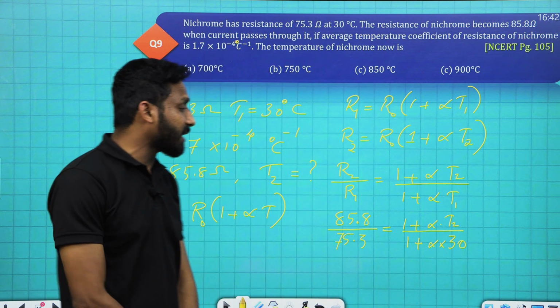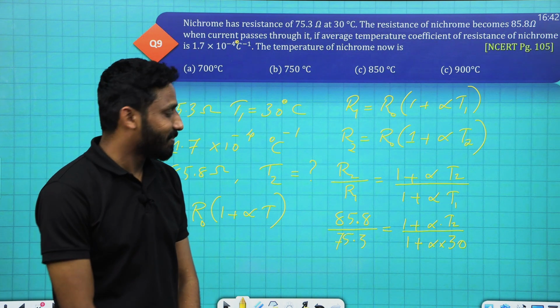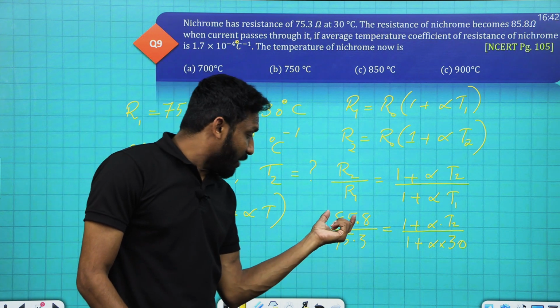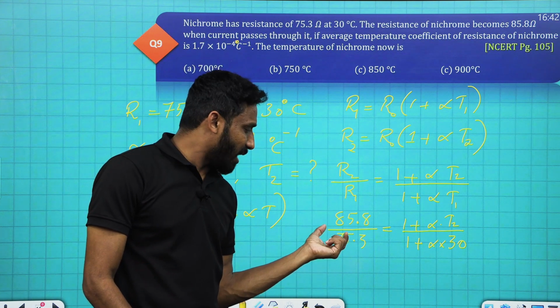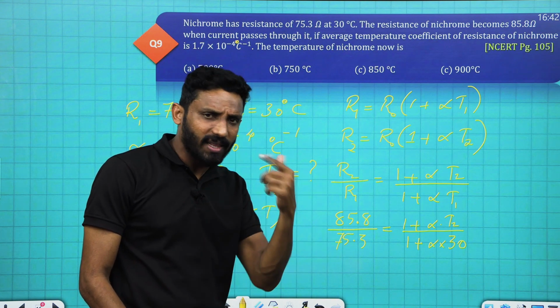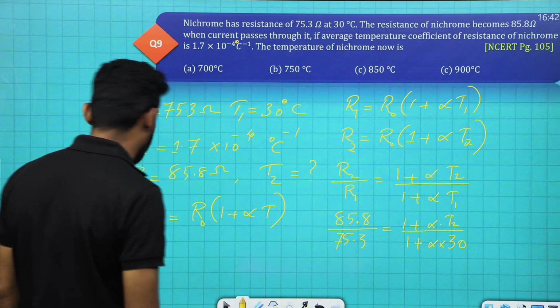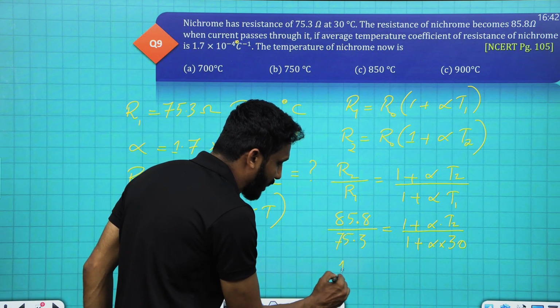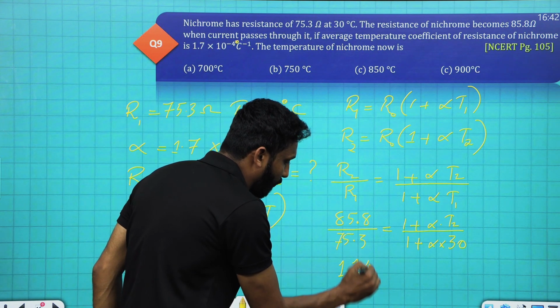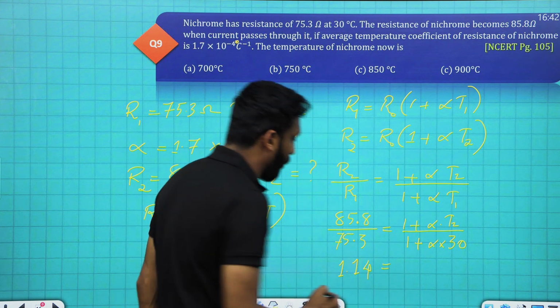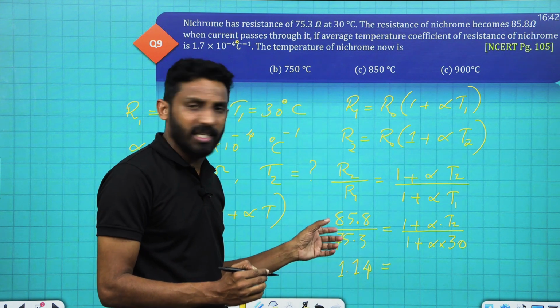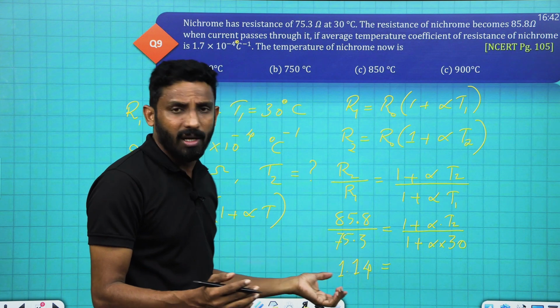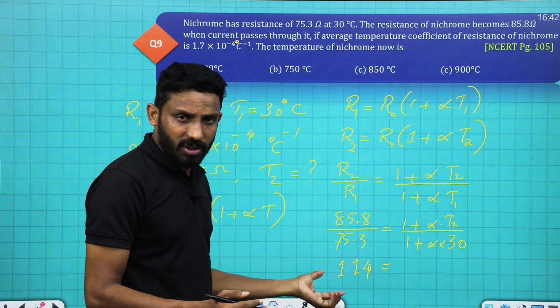The temperature is in degrees Celsius. Dividing this, it is almost 1.14. You can check it; I'm not doing this now, it's a waste of time, you can easily do it.